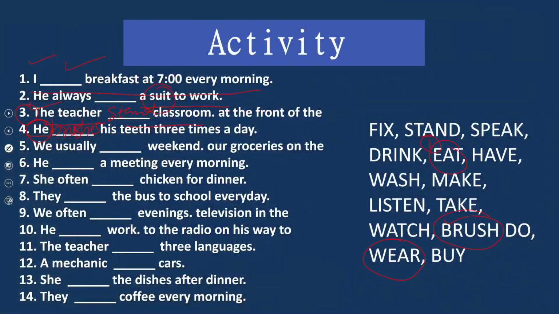We usually blank weekend. We usually our groceries on the weekend. What? We buy our groceries. He a meeting every morning. Yes. Take, can it be take या do हो सकता है? Take या do? Yes. Have भी हो सकता है?